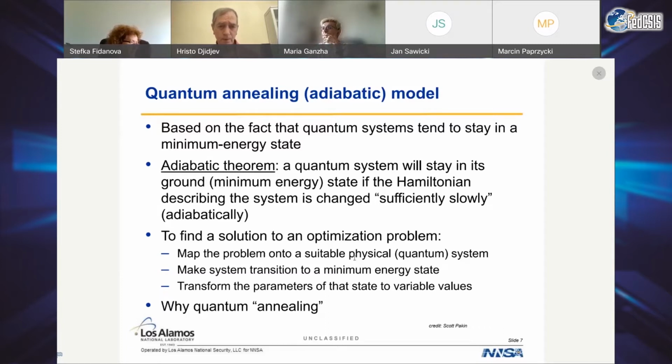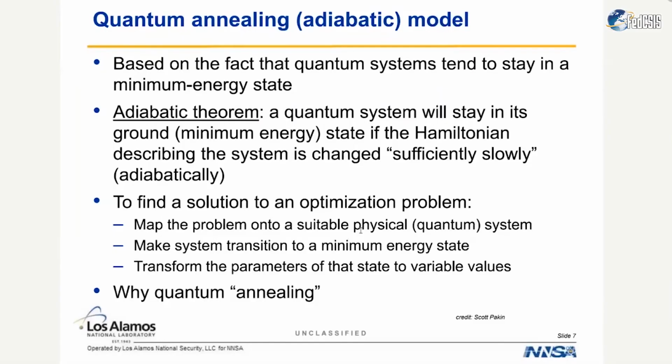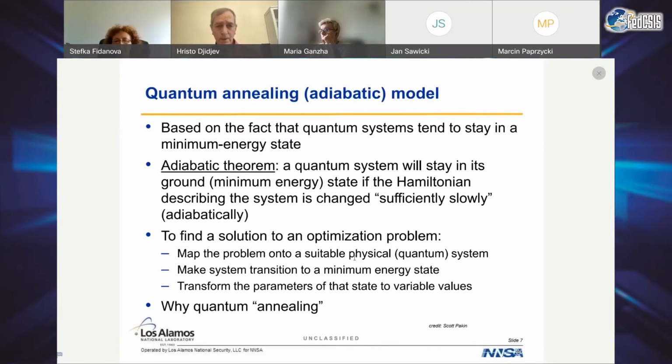This type of quantum computing is based on the so-called adiabatic theorem, so there is a theoretical basis for it. It basically states that if we start with a quantum system that is already in a minimum energy state, and you can always design some simple system whose minimum energy state is easy to find, then we can transform the system to another quantum system that's of interest.